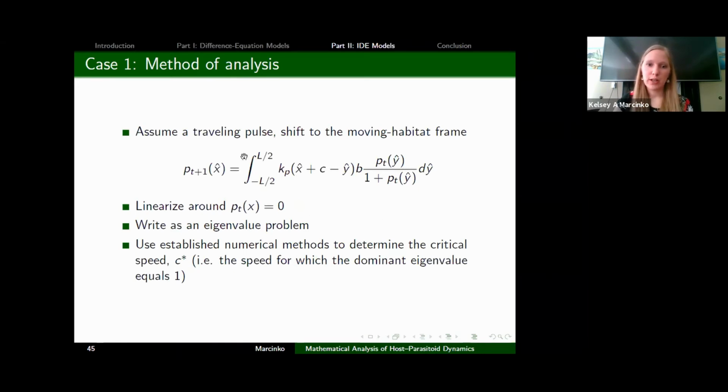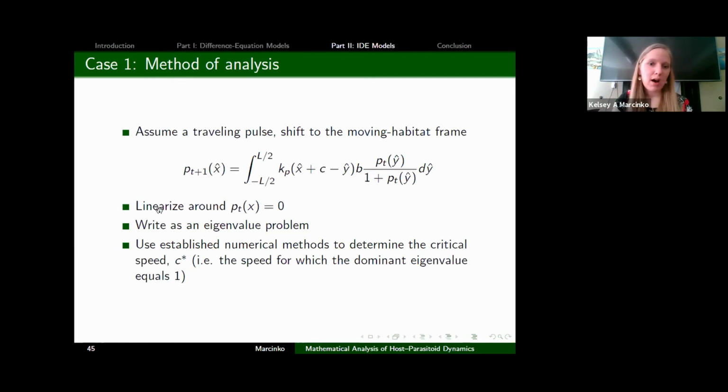Our spatial integration is now over minus L over 2 to L over 2, and the c is showing up inside the kernel. This means that the kernel is now no longer symmetric, and that's going to be the source of the challenges in some of these problems later.